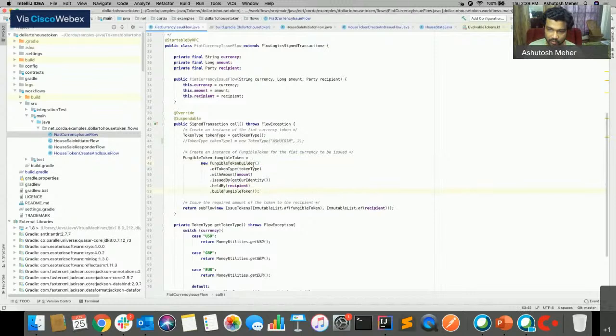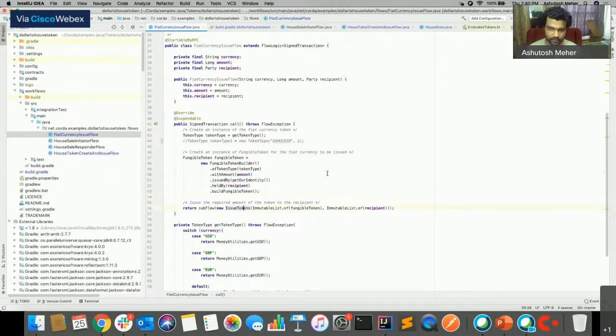All you have to do is call this and pass in all the required information, and that will create a fungible token for you. Now, one thing that is left: I have an instance of a fungible token, and all I need to do is issue this token to the party, or pass it along to everyone who should know about this. In this case, the recipient. You don't have to worry about verifying it, signing it, collecting signatures, or calling the finality flow. None of that has to be done.